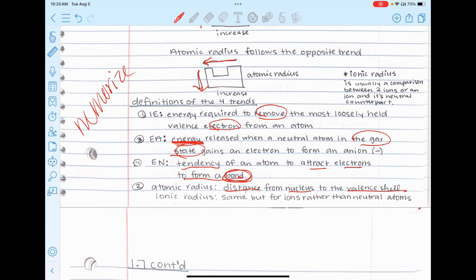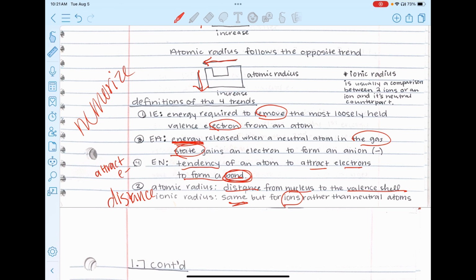You may find some more formal definitions, like half the distance between the neighboring nuclei of identical atoms. It's just a more specific way in which we can measure these things. Now, ionic radius is the same thing, but just for ions, like we stated before, rather than the neutral atoms. Okay, so radius is distance. Electronegativity is about attracting electrons.